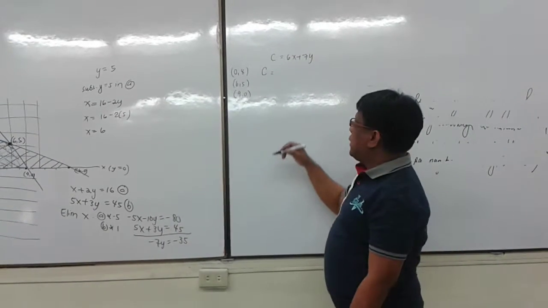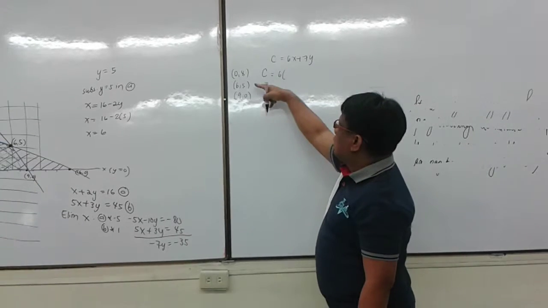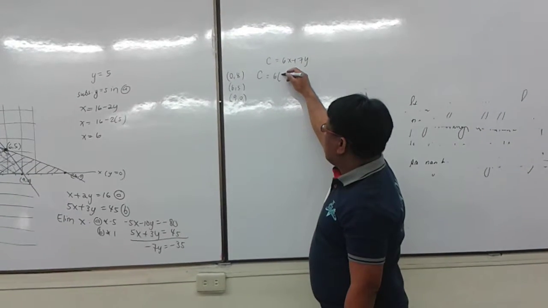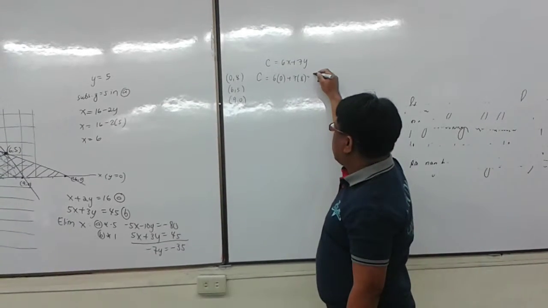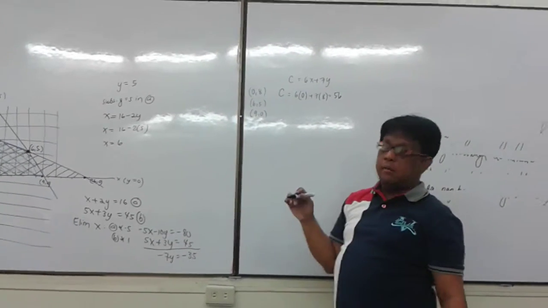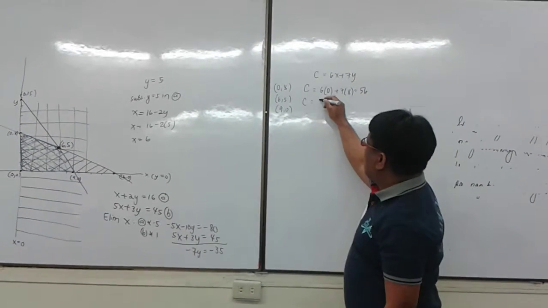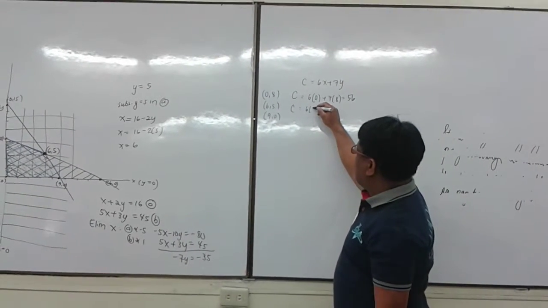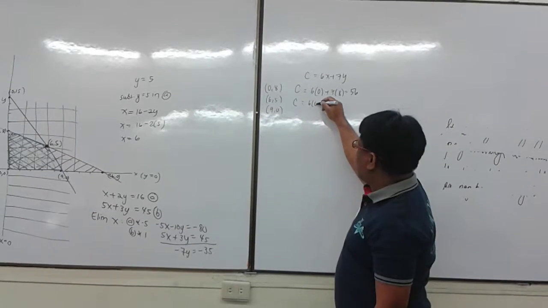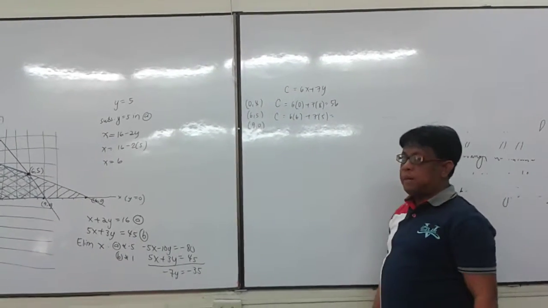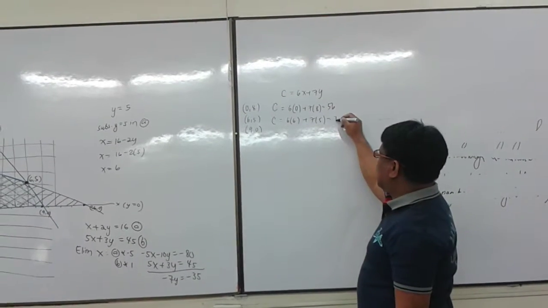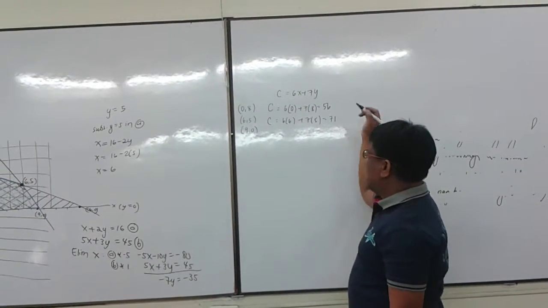Using the values of x and y, for 0, 8 we have 6 times 0 plus 7 times 8, so the result is 56. What about the other point, 6, 5? The answer is 36 plus 35, so here we have 71.